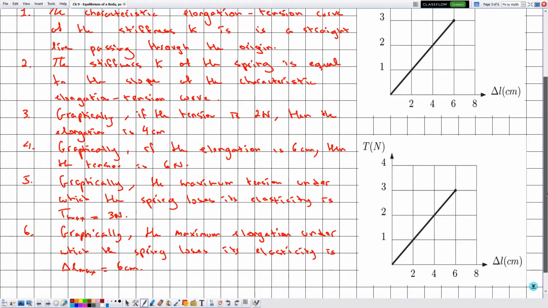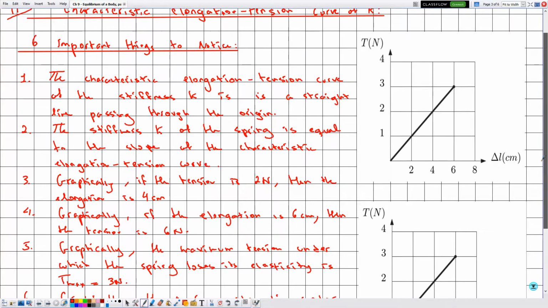Then these are the 6 important things to notice in an elongation tension curve.